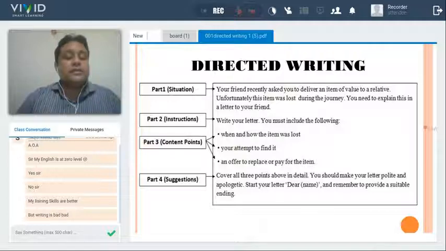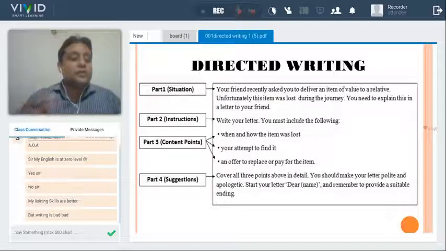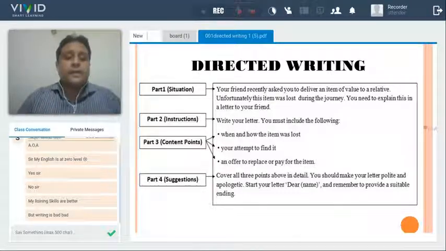So the most important part of a directed writing question is to understand the situation, what situation we are in, what situation we need to explain, what situation we need to comment on. So what is the situation of the question that we need to respond to? Okay. Second important thing, write your letter. You must include the following.